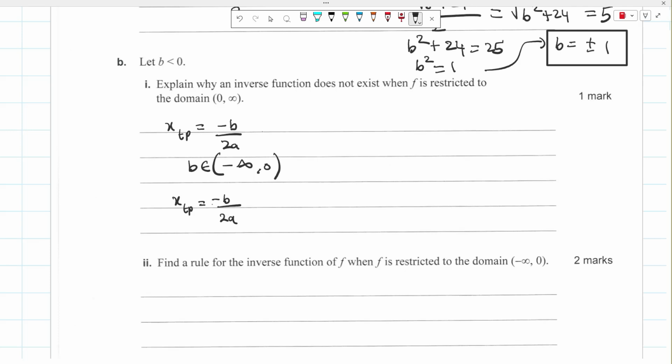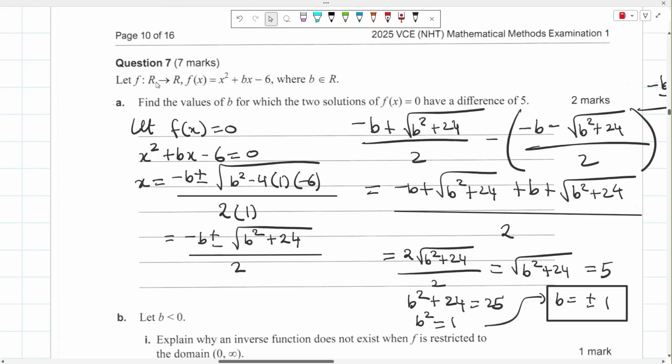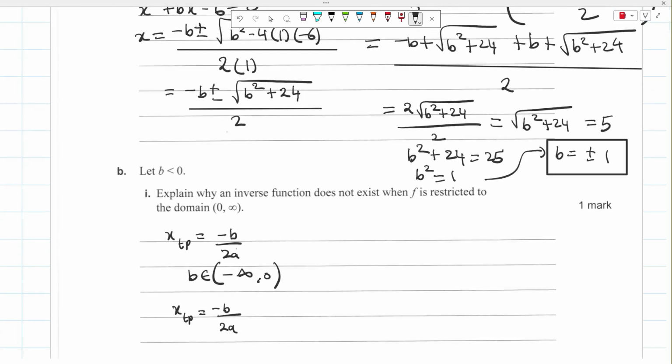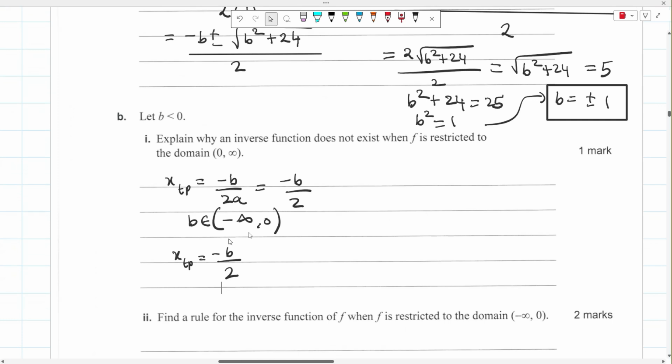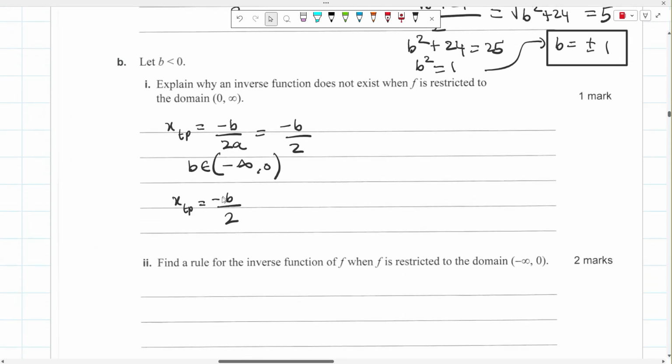And also, just by the way, a here in this case is just 1. So negative b over 2. So the x-coordinate of the turning point is negative b over 2.